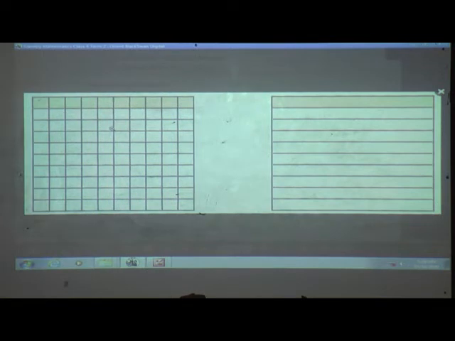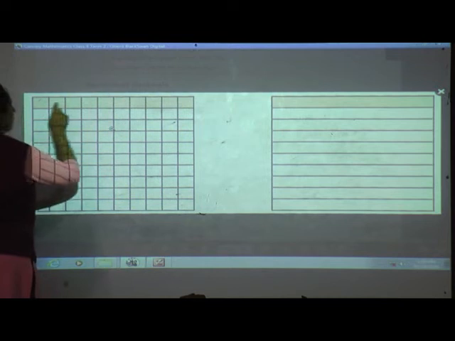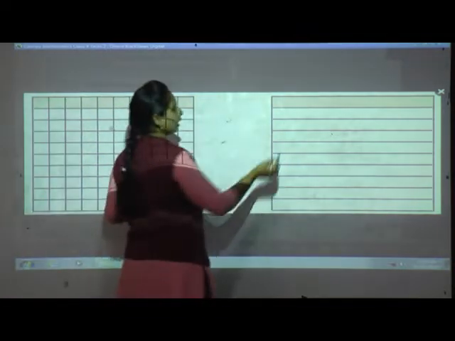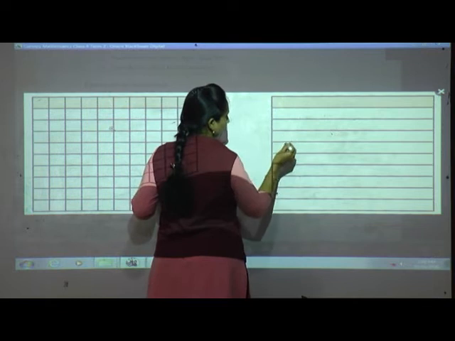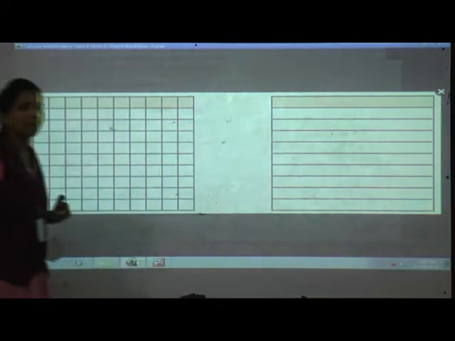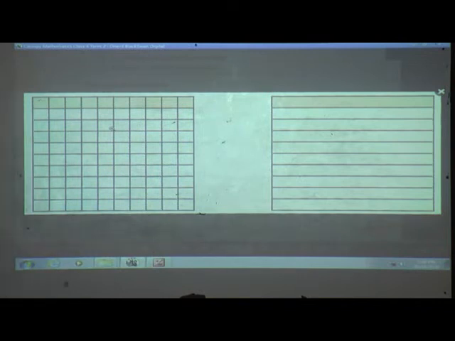So this square is divided into 100 equal parts, first square, and 10 parts are colored. You can see these 10 parts are colored. And in the second square, you can see this square is divided into 10 equal parts, 1, 2, 3, 4, 5, 6, 7, 8, 9, 10, and only one part is colored.